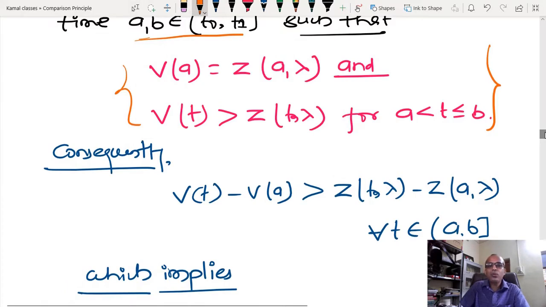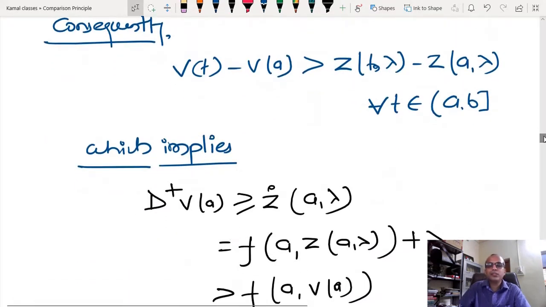So now I am going to see the distance between these two, Vt minus Va and Zta minus Zat. I am going to divide both sides by h. Since t and a are always varying, I have some accumulation point like a.